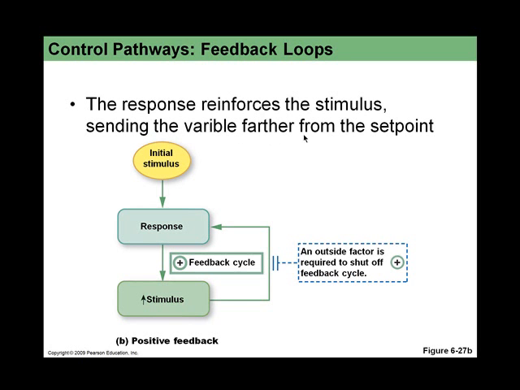So it sends the variable farther from the set point. So you have the initial stimulus, a response that ends up enhancing the stimulus such that there's a greater response, and then there's some outside factors required to shut off the feedback cycle. So there has to be some other biological process, physiological parameter that is going to shut this system off. You can't have a system go uncontrolled.